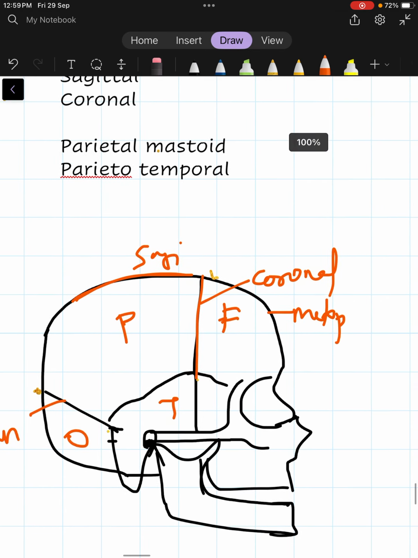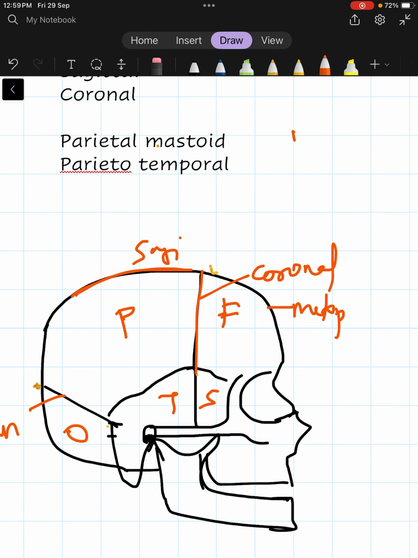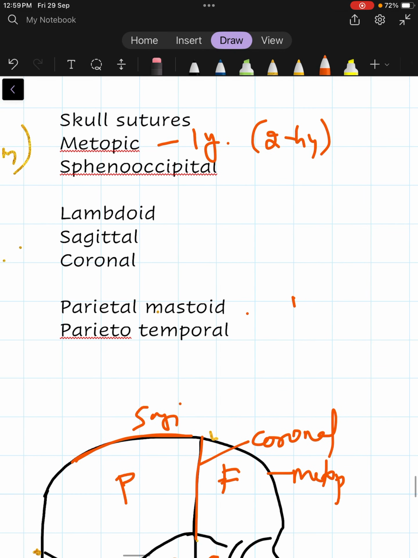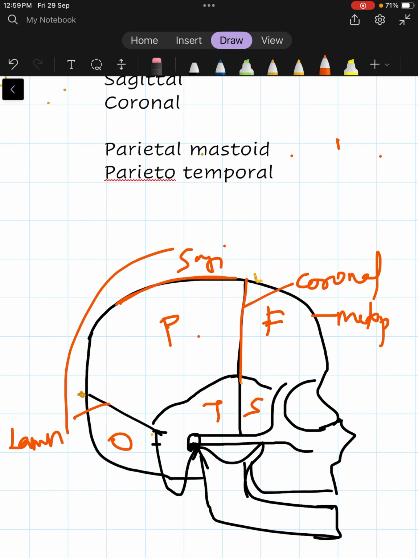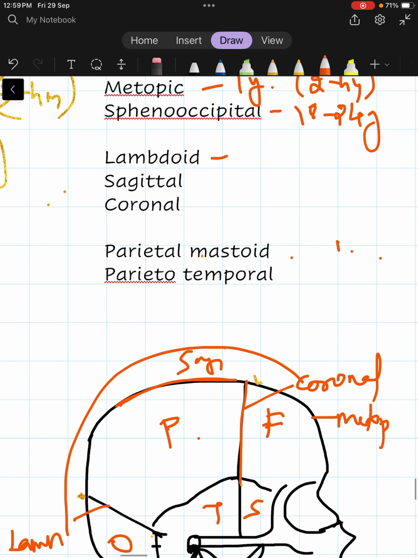Then below, this is sphenoid bone. Spheno-occipital suture will have closed by 18 to 24 years. Then from back to front, lambdoid, sagittal and coronal. Lambdoid at 45 to 60 years, sagittal at 50 to 60 years, coronal also at 50 to 60 years.